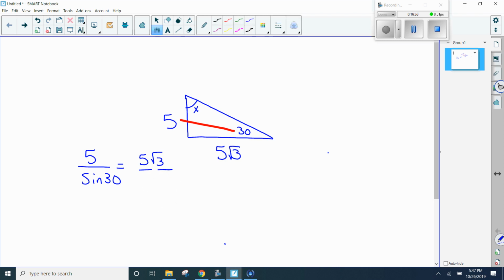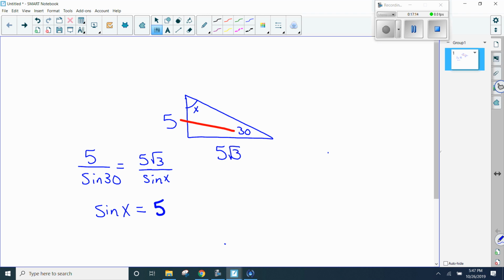It's the sine of that particular angle, so it's the sine of x. If I cross multiply and divide, you're going to say that the sine of x is equal to what you get when you cross multiply and divide those 3 remaining values.